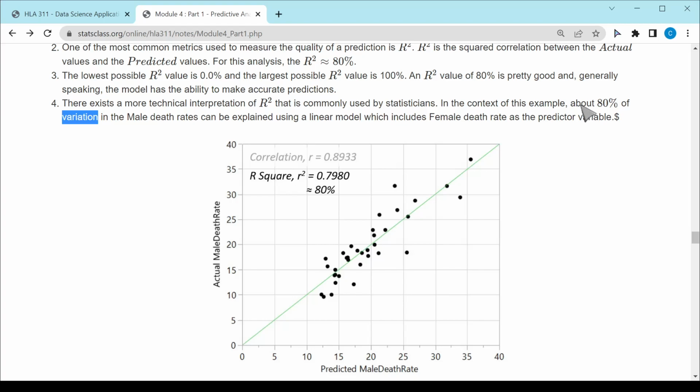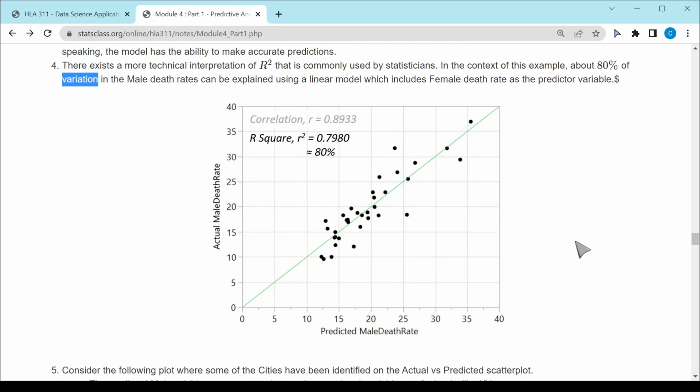So again, if I can explain 100% of the variation in my response, then I have a really good model. If I can explain 100% of the variation, then all of these dots are going to be right on top of the green line, which again means that the predicted values closely match the actual values.